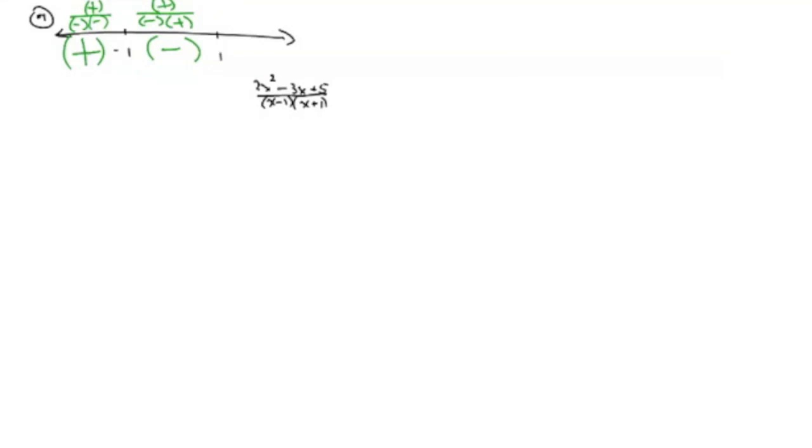Then I pick a number bigger than 1. 2. The top is always positive. The bottom, positive, right? Because we're picking 2, which is bigger than 1. So this region is positive, always above the x-axis.